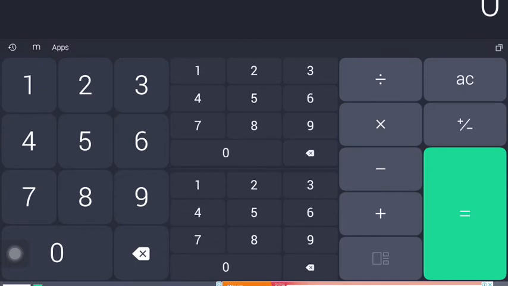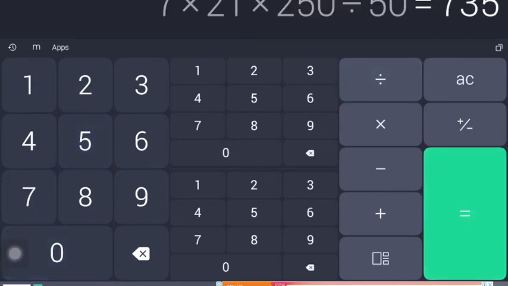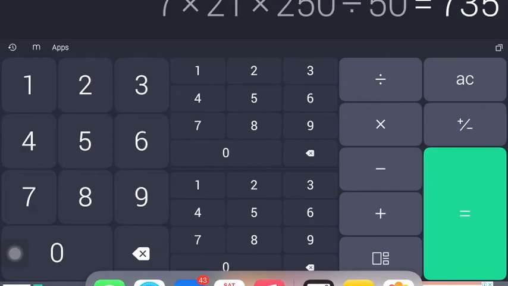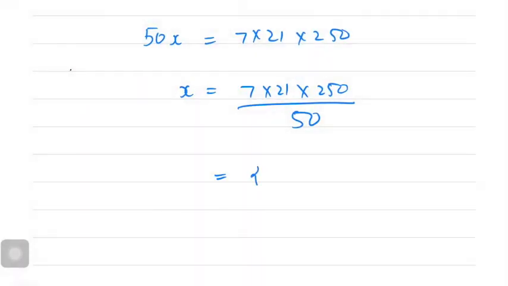Okay. 7 into 21 into 250 divided by 50. It is 735. So rupees 735.